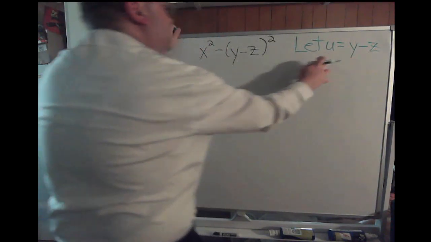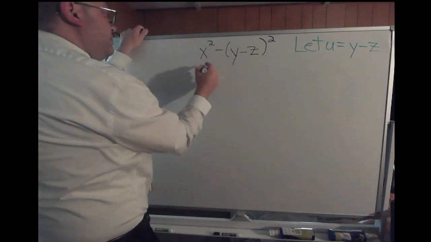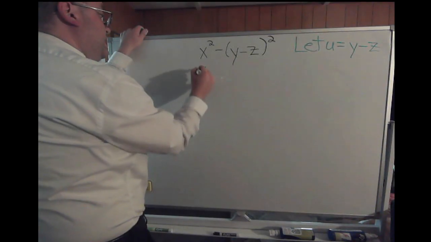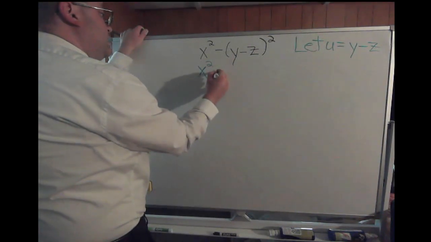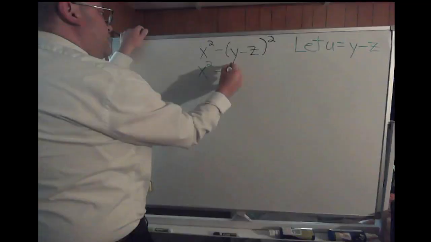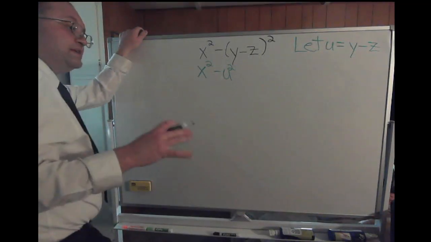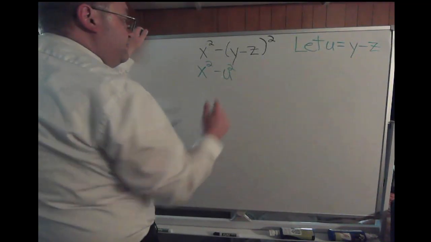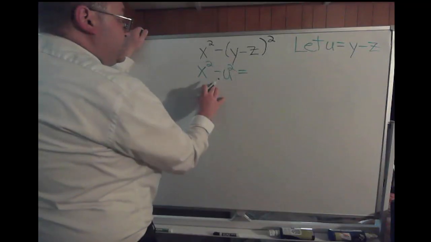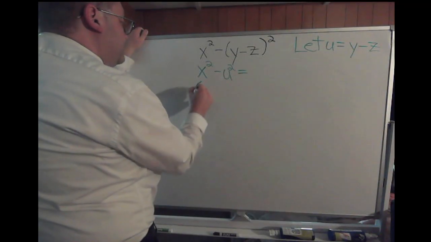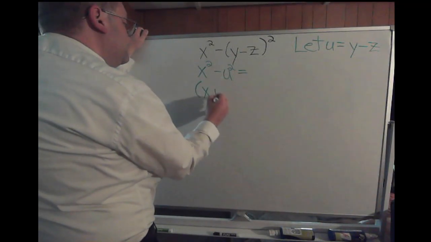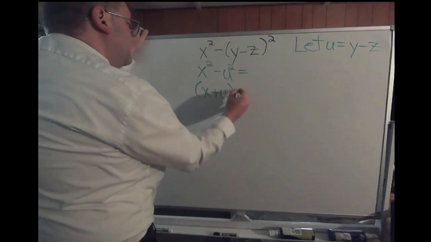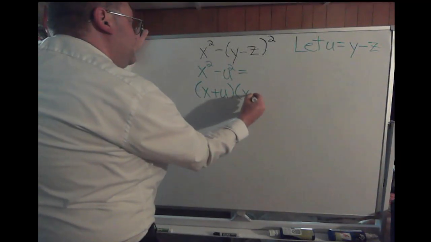So I would let u equal y minus z and perform a u substitution. So what you'll get is x squared minus u squared. And now we have something that's much easier to work with for factoring. Factoring the difference of two squares, you'll get x plus u times the quantity of x minus u.